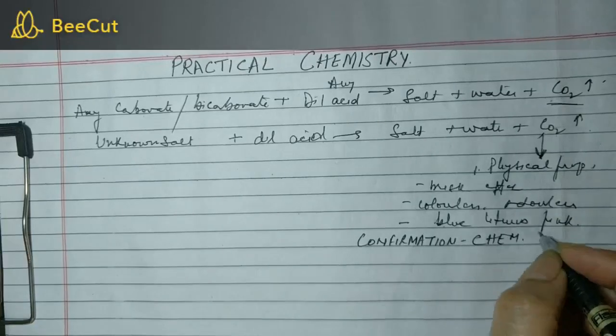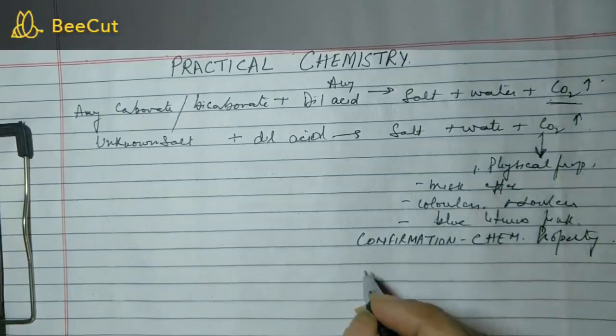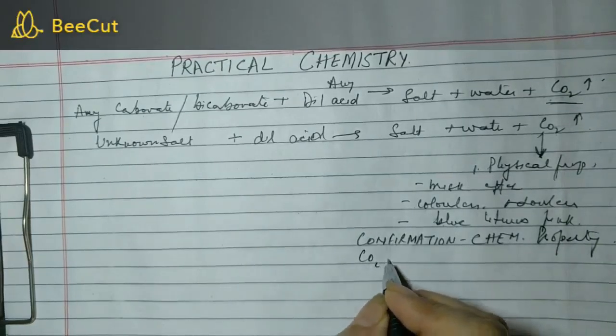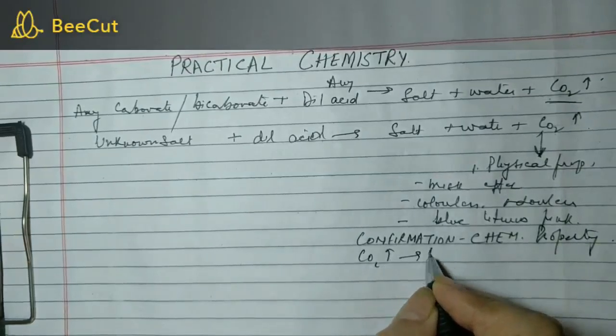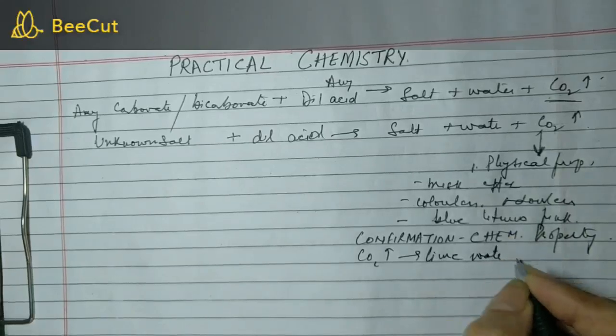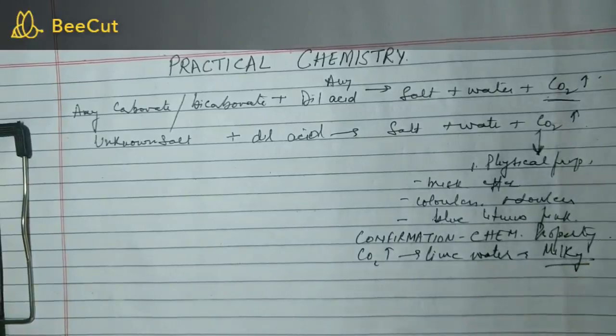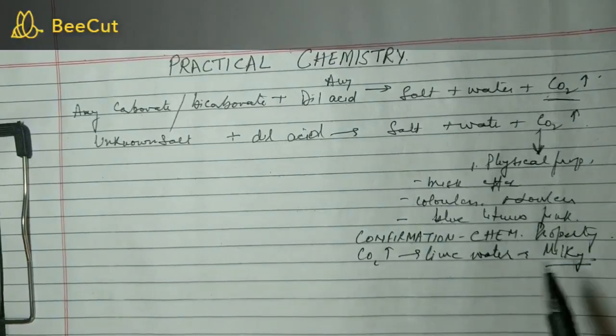It has to be a chemical property, and that too where something is visible. So if you pass CO2 through lime water, which is calcium hydroxide, and it turns milky, then it confirms that the gas produced is carbon dioxide.